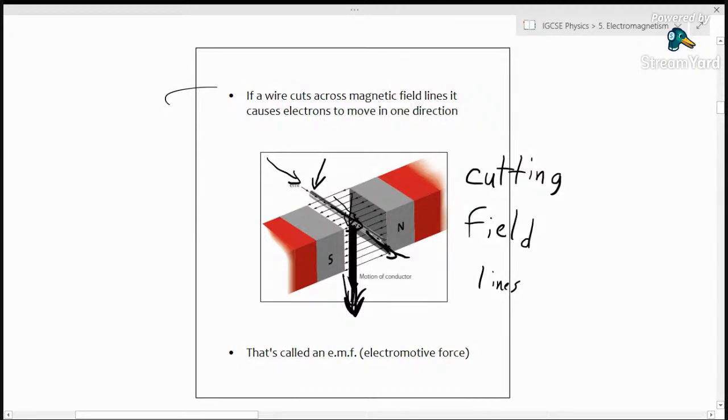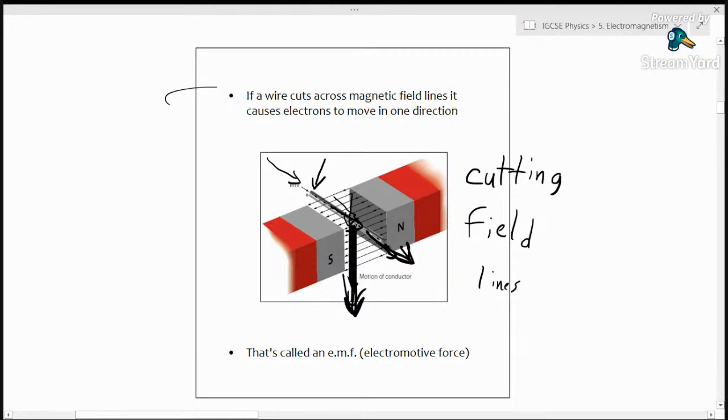So the result of the wire cutting the field lines is electrons getting pushed to one side. And we all know that electrons moving is electrical current. So we've just created electricity by pushing this wire downward and cutting across these field lines.